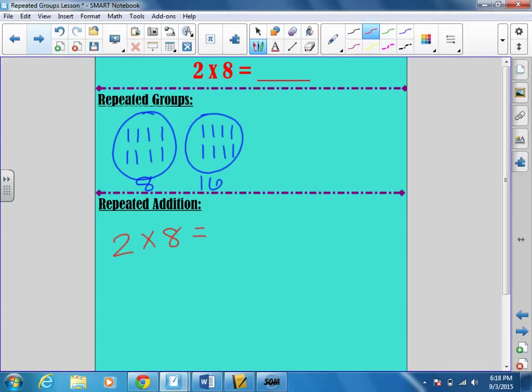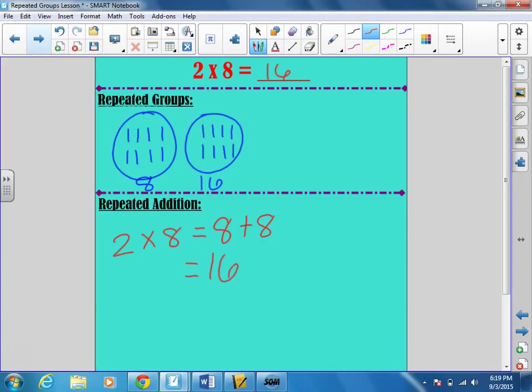We'll use the first factor to determine how many times we're going to add the second factor. Our second factor, which is 8, we're going to add that 2 times. 8 plus 8, we know, equals 16. And we're done. 2 times 8 equals 16.